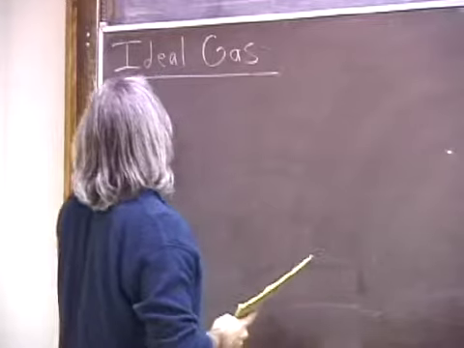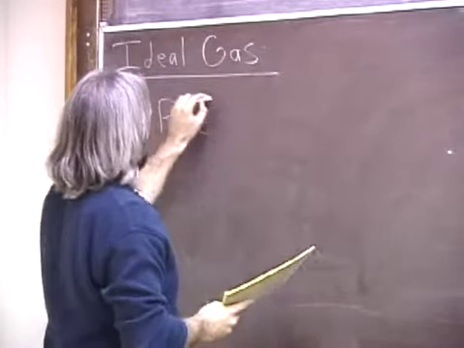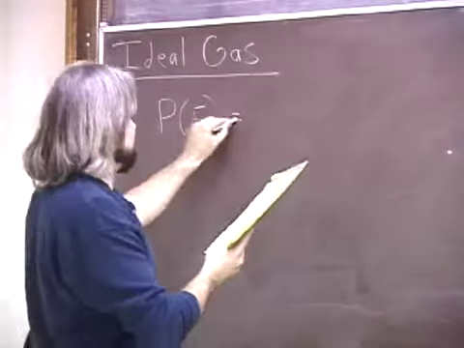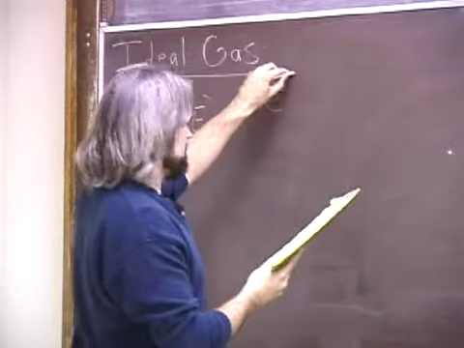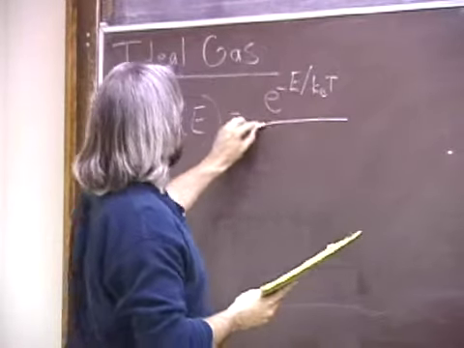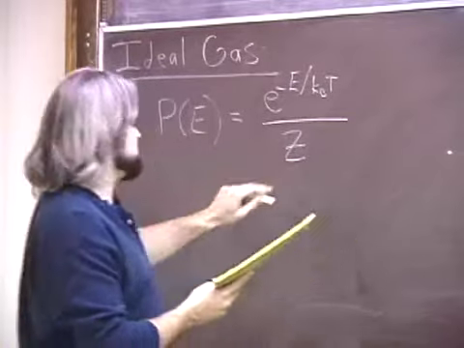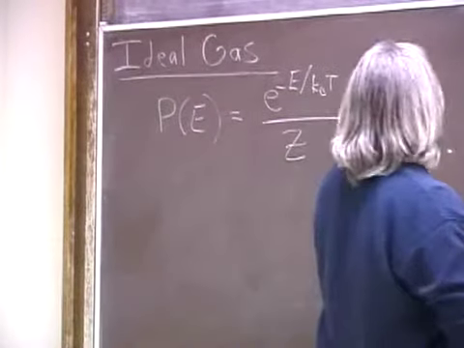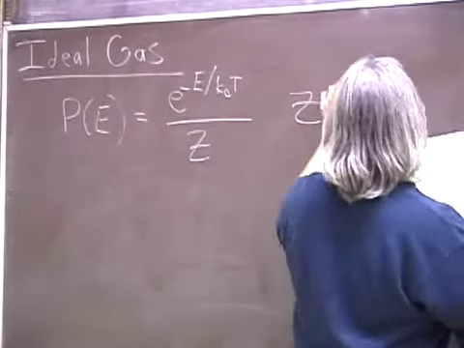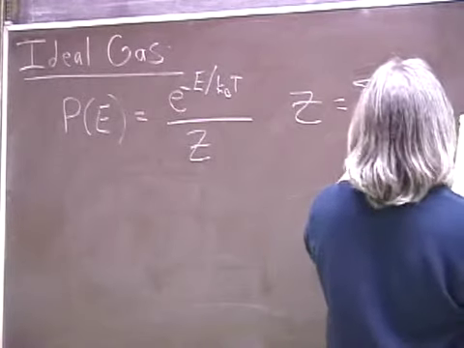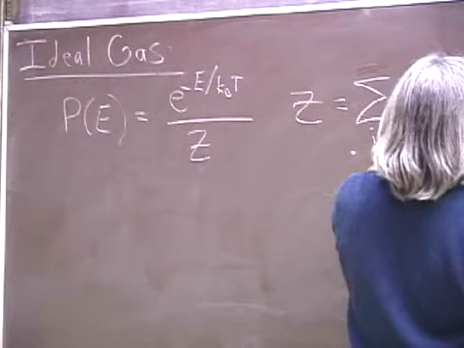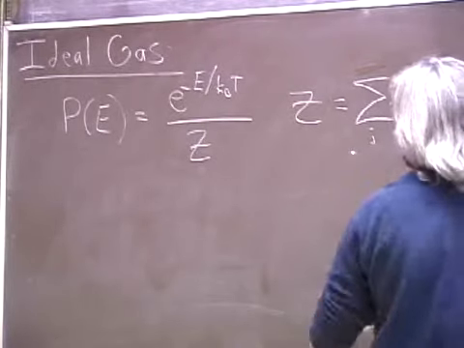For an ideal gas, the probability of excitation of the occupation of a certain state E is given by a Boltzmann distribution, where Z is the partition function. Well, not really infinity, but for as many states as there are, where i labels the state.